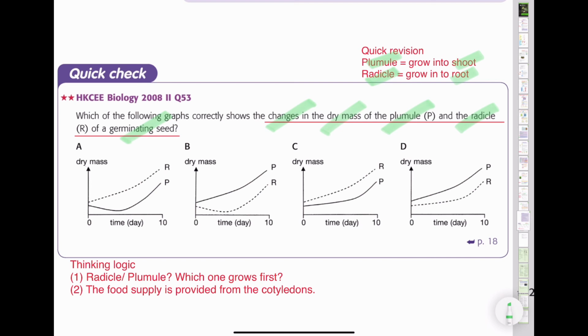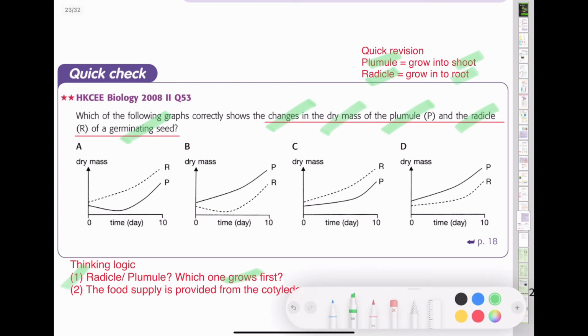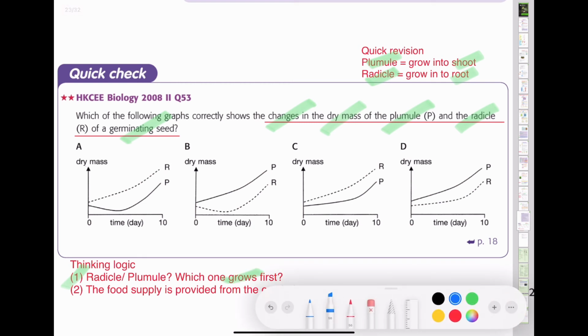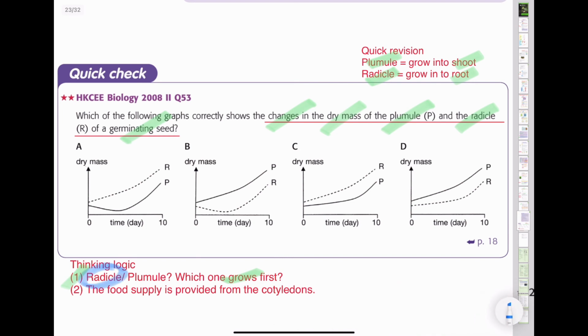After that, there are two thinking logics to help us determine which graph is correct. The first one is talking about the radicle and the plumule, which one grows first. In the lesson, we mentioned that it should be the radicle, because the radicle will grow into the root, and then it will help the plant to absorb water, absorb minerals, and also provide anchorage for the seedlings.